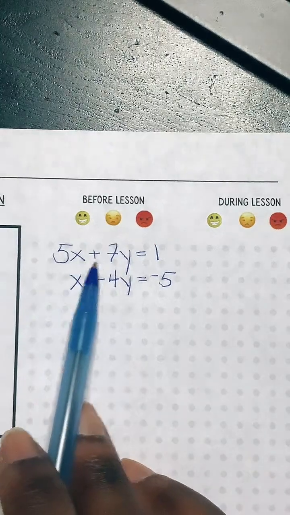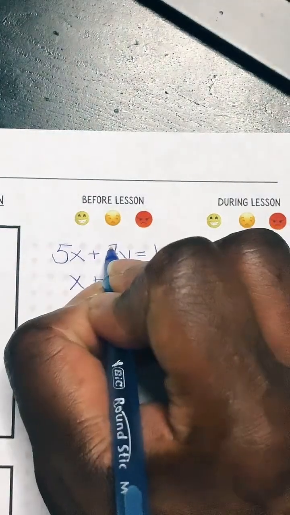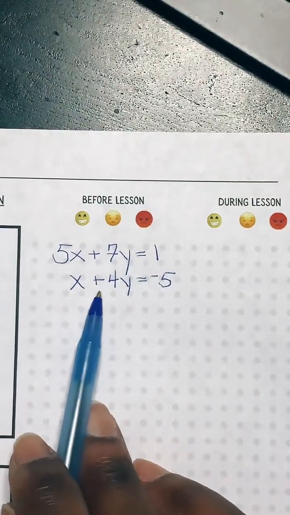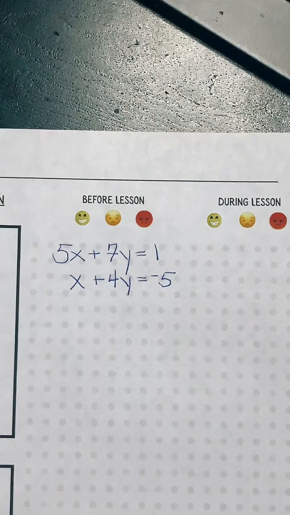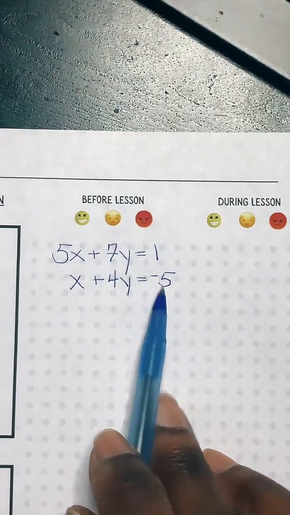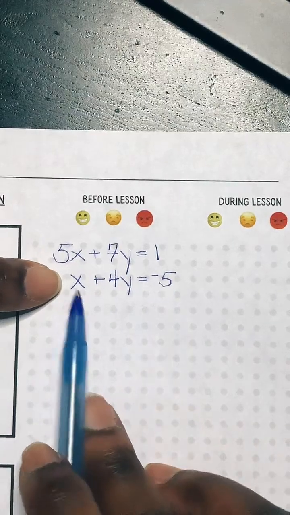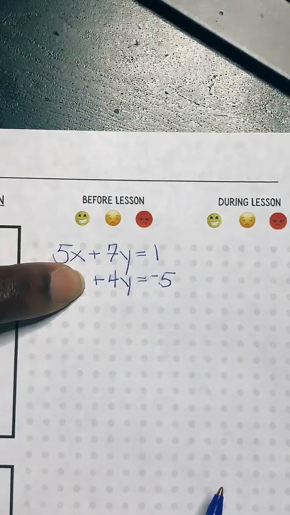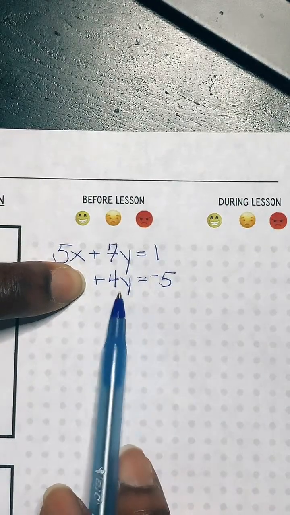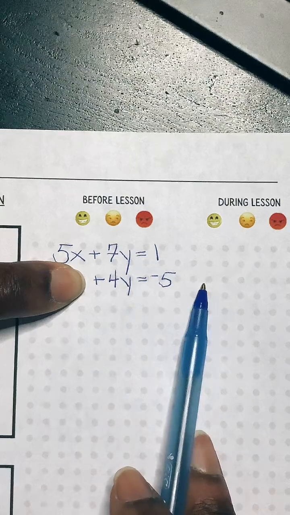Now we have 5x plus 7y equals 1, and we have x plus 4y equals -5. Someone said, subtract 5 from both sides. Not the 5. What's next to the x? We want to isolate this x and keep it right where it is. So our 4y needs to come to the other side.